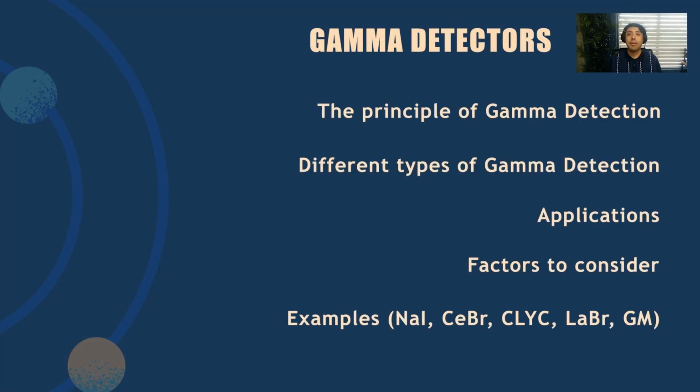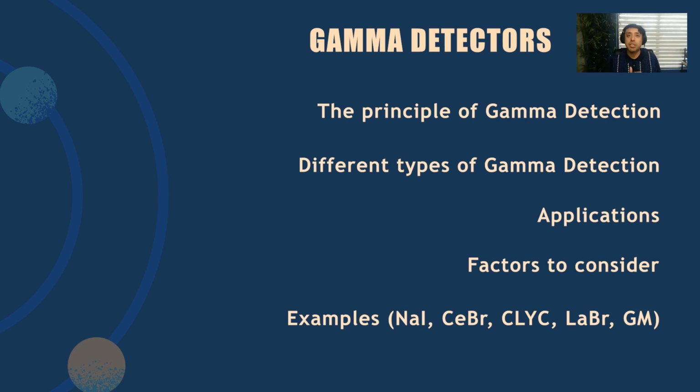Now that we know what type of isotope identifier we want, backpack, mobile, let's get into the heart of isotope identification technology with gamma detectors. These detectors are essential components that enable isotope identification by detecting and analyzing gamma radiation, a type of high energy electromagnetic radiation emitted by radioactive isotopes.